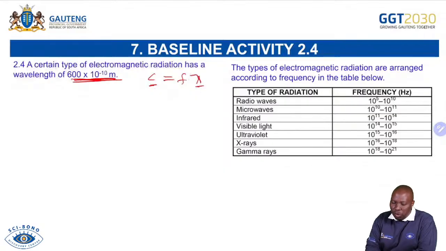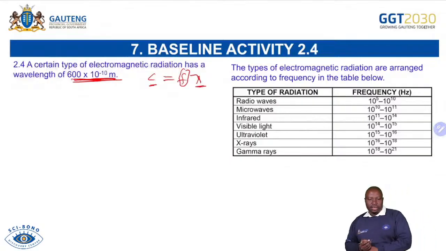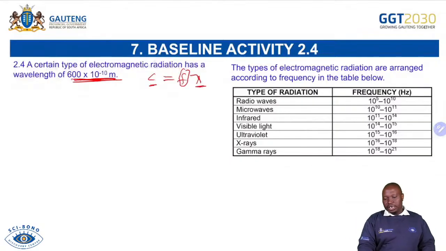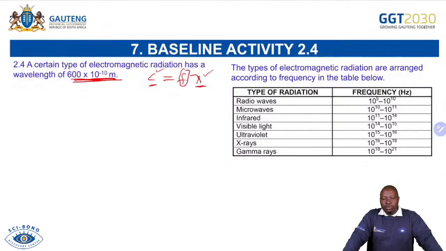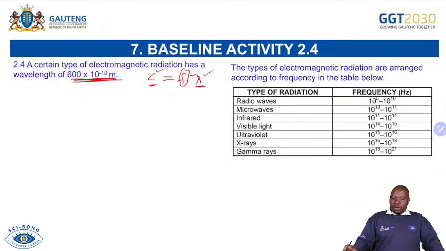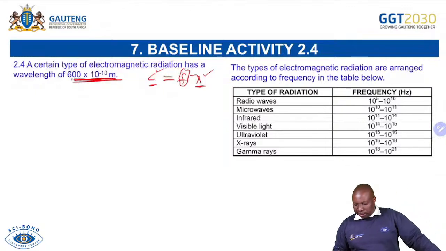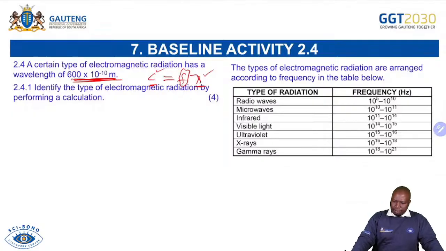You substitute the c and the wavelength that is given, and then you are able to get your frequency. When you get your frequency, you will be able to answer the question. So it's important that you have that in mind.